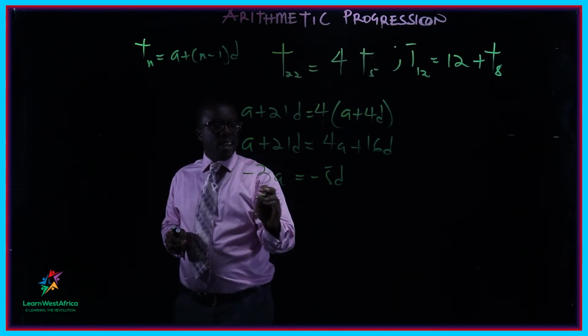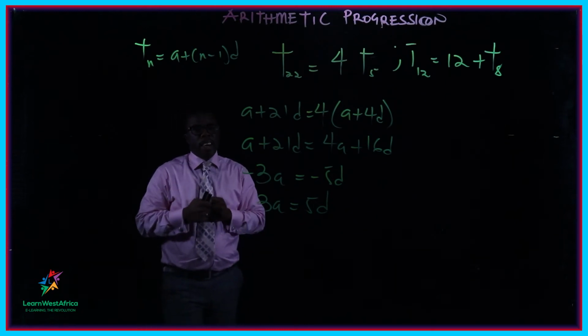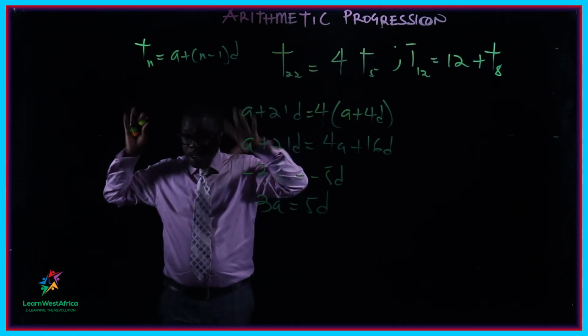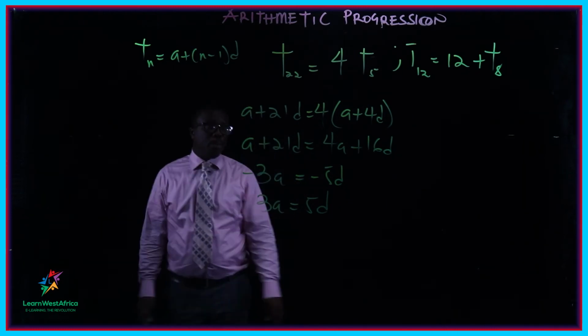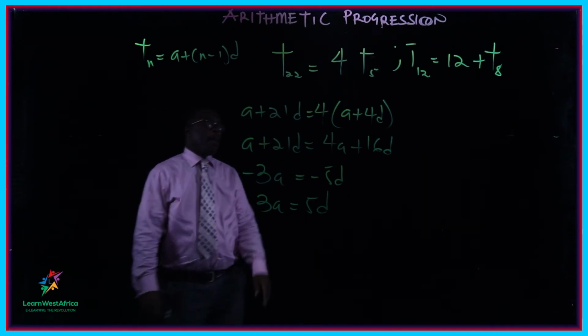Hence, we can say that our 3a is equal to 5d. Or 3a minus 5d is equal to 0. Anyhow you want to write it, that's not much of a problem. So that is the relation we get when we take the first part of the problem.